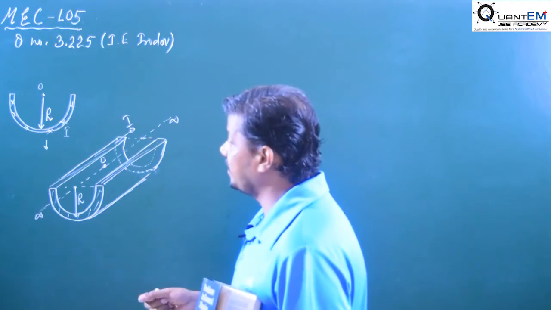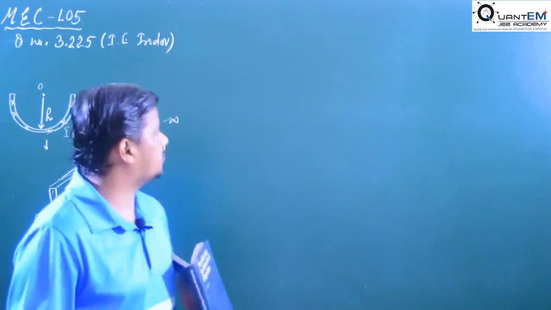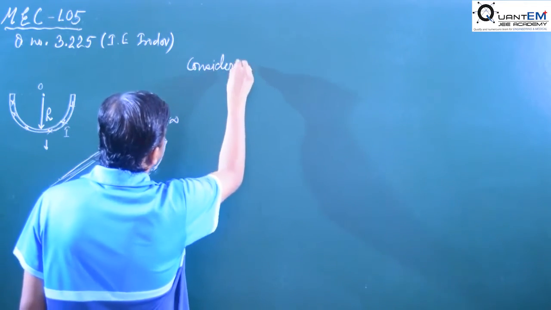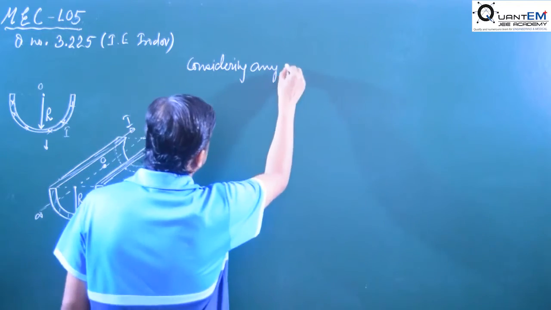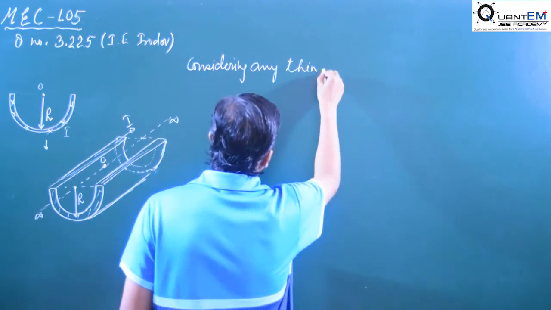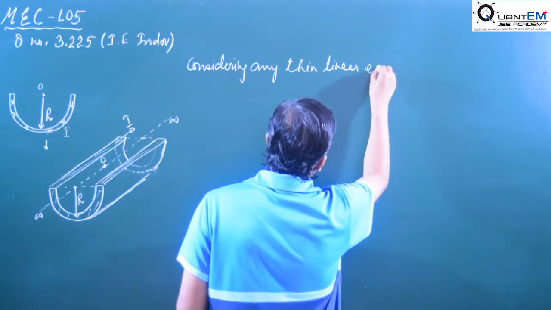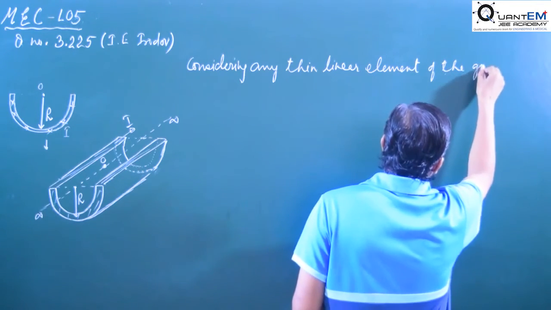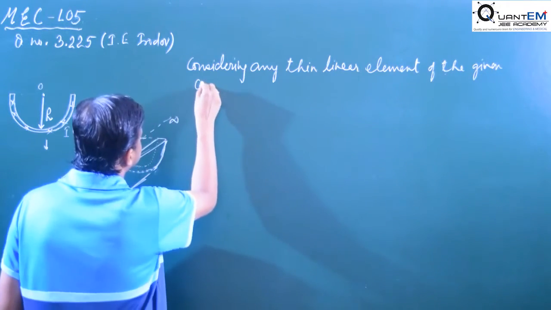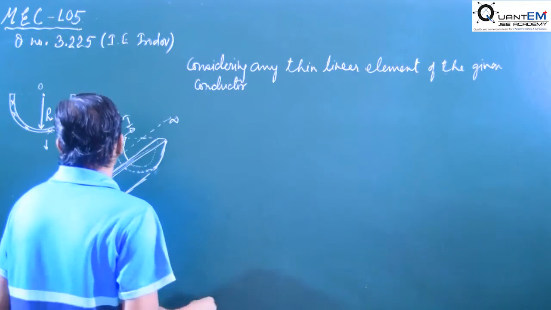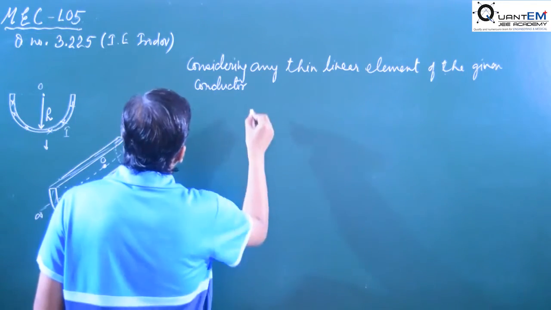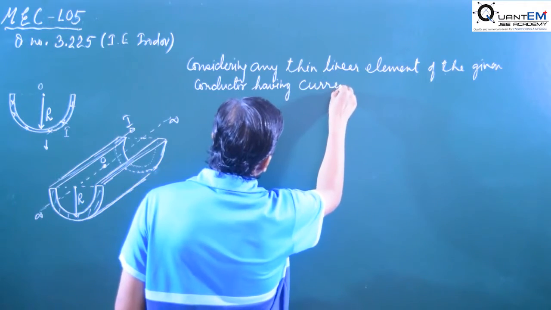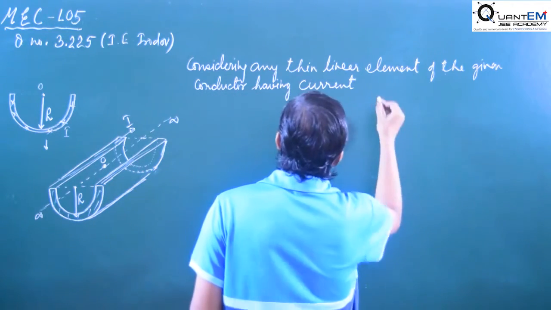So we consider any thin linear element over the section of the conductor, any thin linear element of the given conductor having current i.